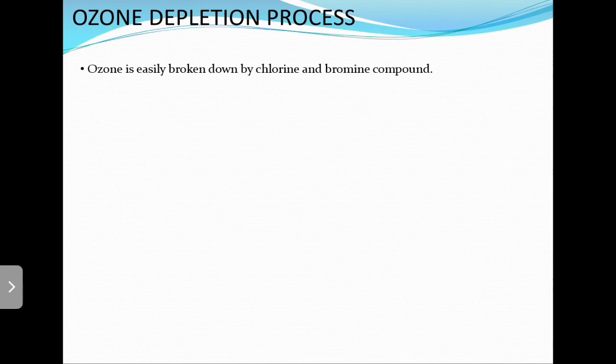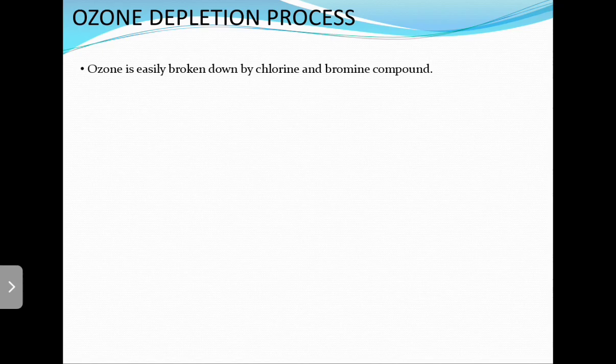It is very interesting that one chlorine atom can destroy 10,000 to 1 lakh ozone molecules before it is finally removed from the stratosphere. So by that time it will break 10,000 to 1 lakh ozone molecules.